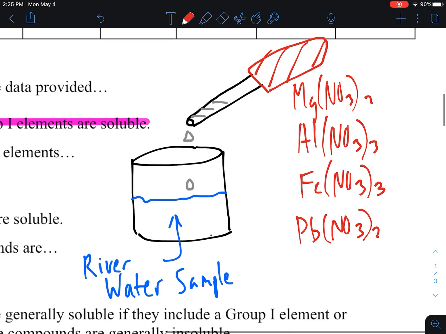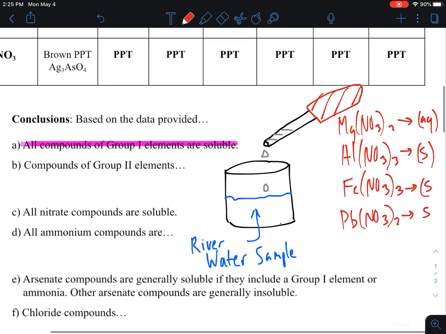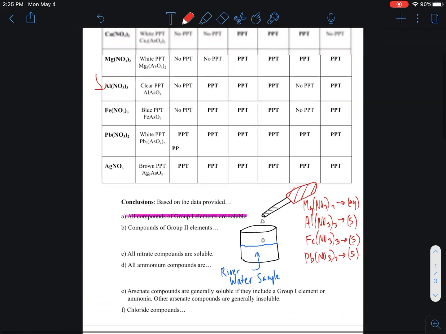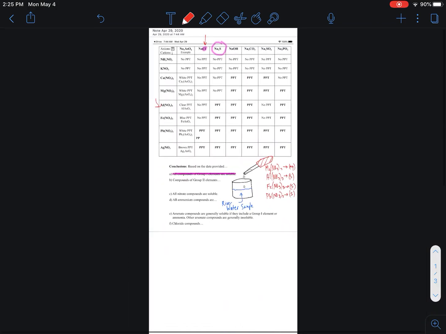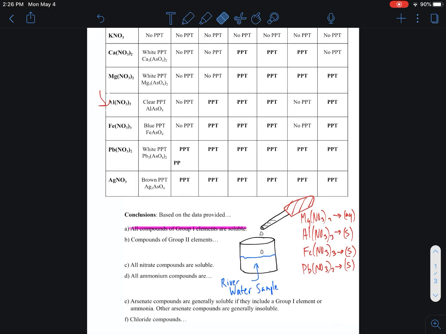If we reacted these 3 with the river water, and let's say with these results, we got a solid precipitate, a precipitate, a precipitate, and this one would be aqueous. So there was no precipitate. What we're looking for is, with those 3, which ones form a precipitate, a precipitate, a precipitate, and no precipitate. So I'll just circle them as I go through.